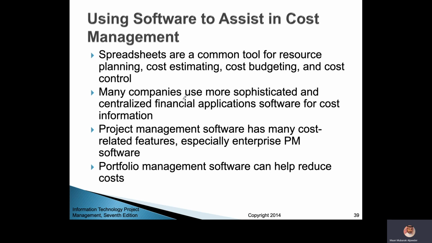Okay, it has the same capabilities. You can have the resources, budgets, and it will show you the variances. Everything is there. In larger organizations, they can also use portfolio management software, where it shows all the necessary information related to the budget, not just for the project, but for all the projects of the organization.